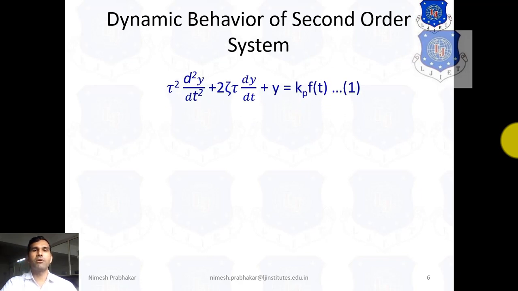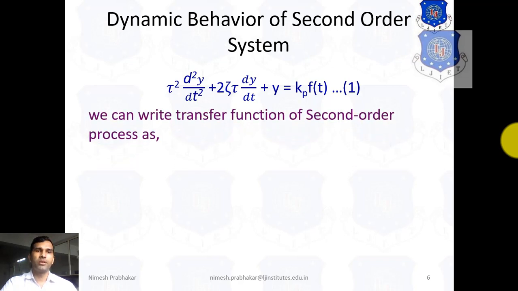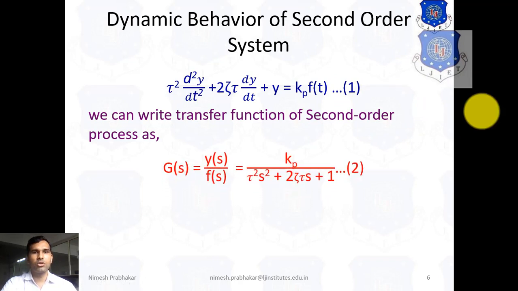So this is the equation of the second order system. We can write the transfer function of the second order system as G(s) = Y(s)/F(s) = Kp / (tau squared s squared + 2 zeta tau s + 1).